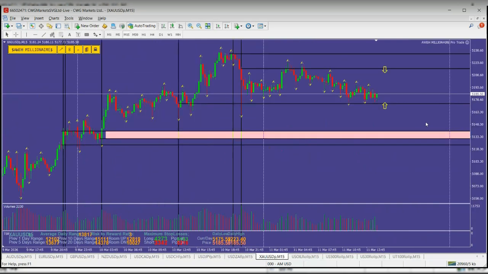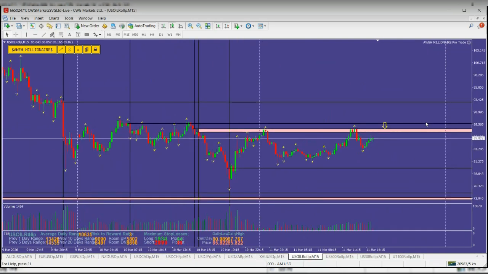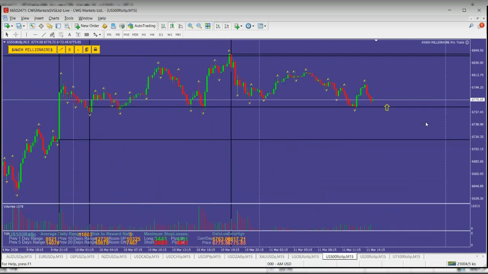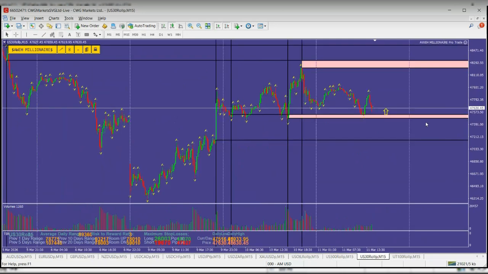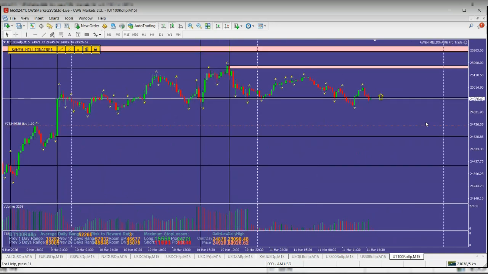We've got gold here, US oil, S&P 500, US 30 Dow Jones, and the NASDAQ US 100. And these are the levels of focus for CPI, which will be released in about 25 minutes. Okay, but those are the levels that you can focus on, or that I'm going to be focusing on in this session today.